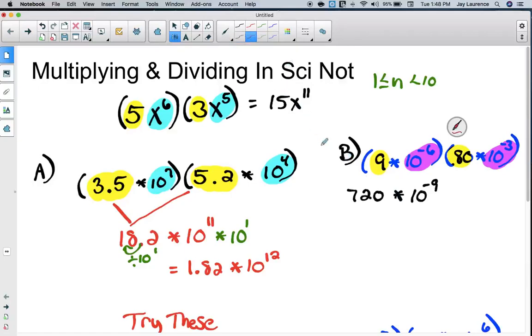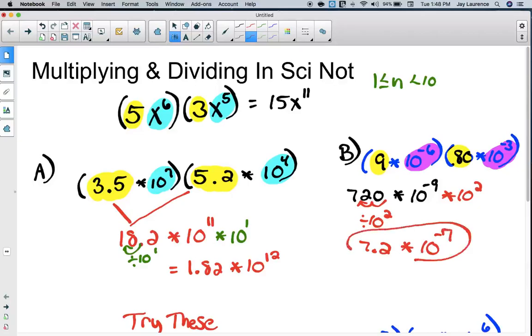Now, again, this number is too large, so I'm going to have to divide by 10 twice, or in other words, divide by 10 to the 2nd power, which means I'll multiply this part of the problem by 10 to the 2nd power. So 720 divided by 100 would be 7 2/10 times 10 to the negative 9 plus 2 is negative 7. And there you go.